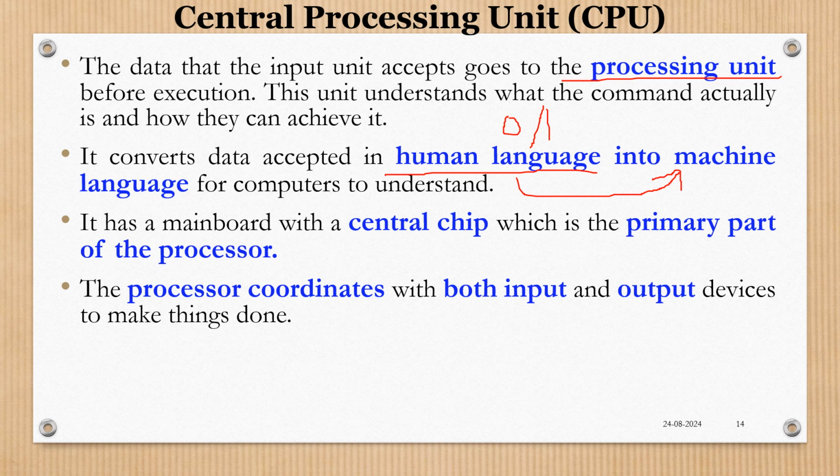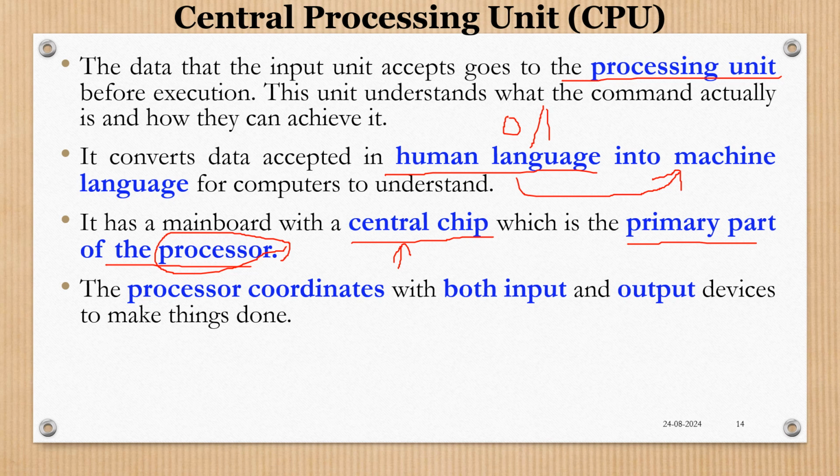Next, it has the motherboard with the central chip, which is called the primary part of the processor, because this central chip holds the core processing element, and this processor needs the input for execution of the instruction.